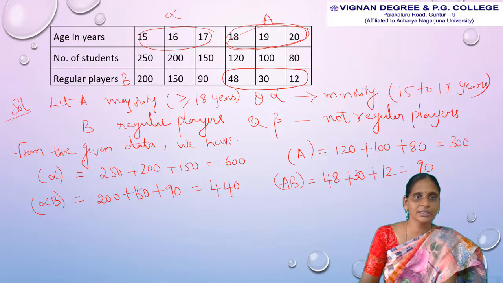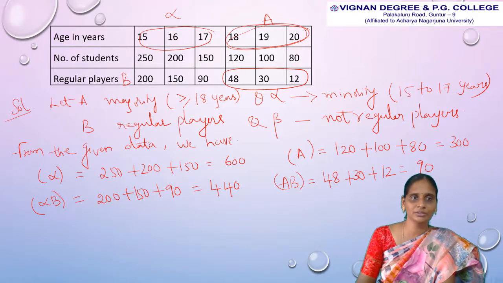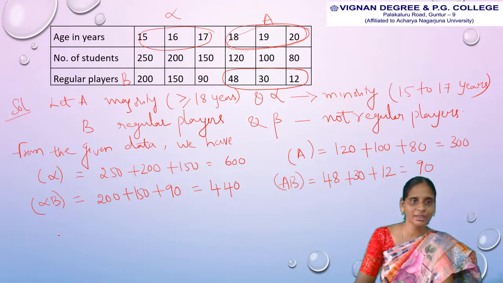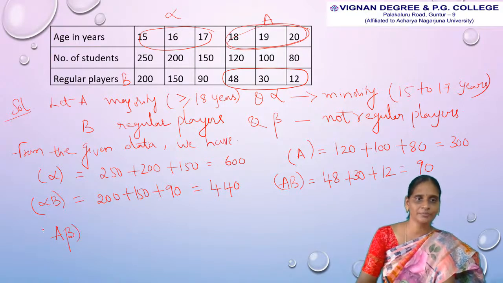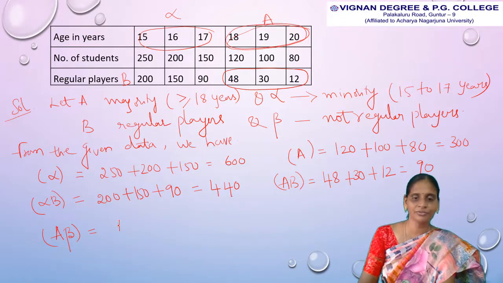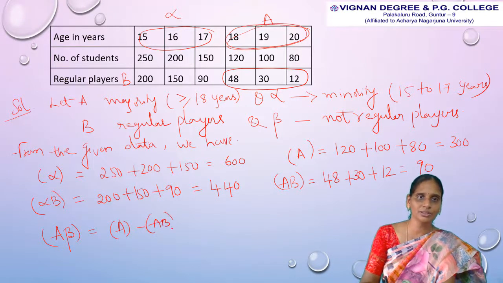So from the given data we have these four values, and now we have to find frequency of A beta. Frequency of A beta can be obtained by frequency of A minus frequency of AB. So frequency of A is 300 minus frequency of AB is 90.